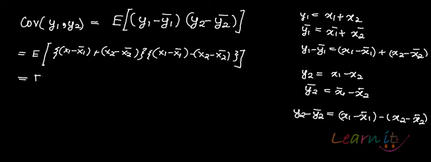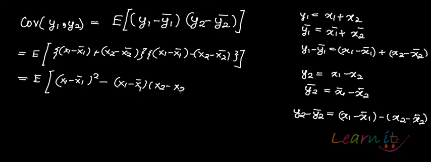So what you will have is x1 minus x1 bar square, then minus x1 minus x1 bar into x2 minus x2 bar, plus x2 minus x2 bar into x1 minus x1 bar, minus x2 minus x2 bar square.